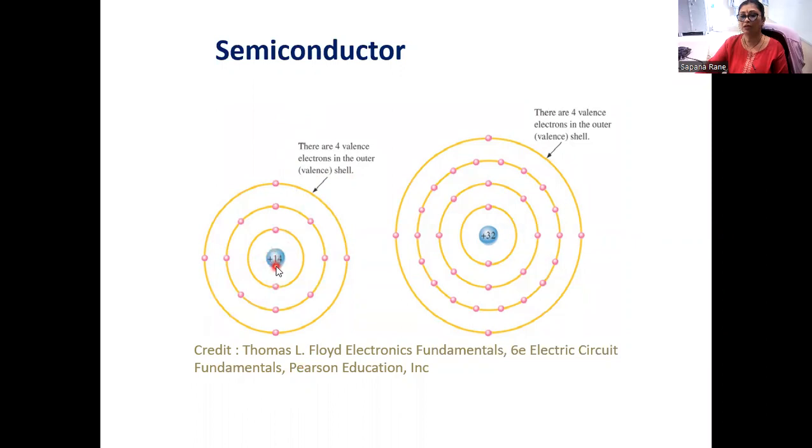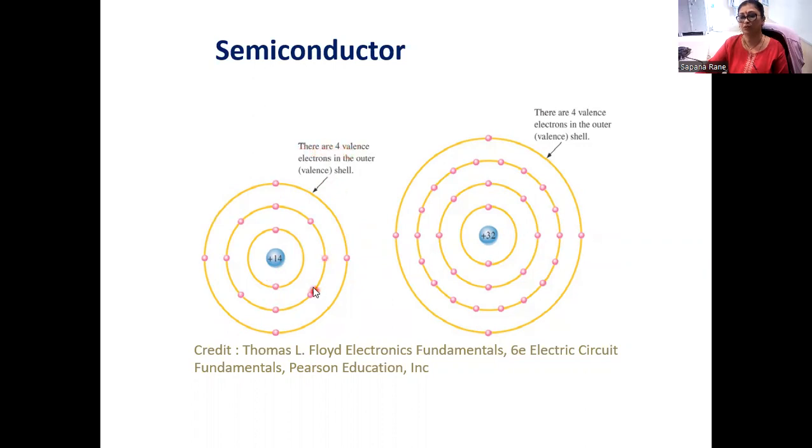As the atomic number is 14, there are 14 electrons in silicon: 2 in the first orbit, 8 in the second orbit, and the remaining 4 in the last orbit. So the electrons present in the last orbit of silicon are 4 in number, and therefore the valency of silicon is 4.